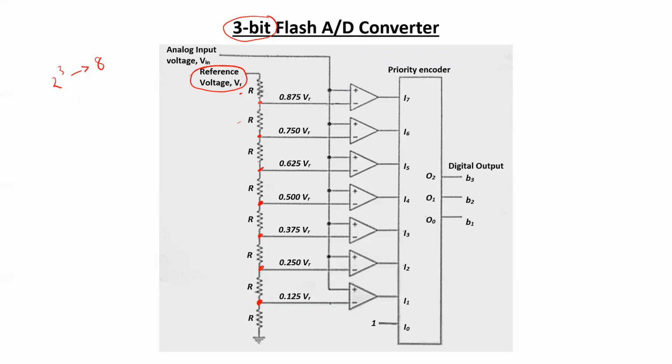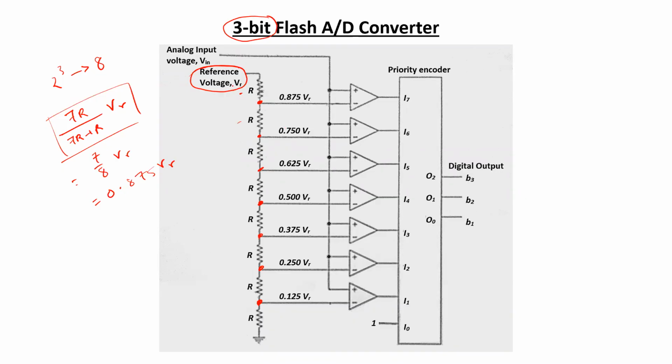For the first node, if you consider the voltage divider, this would be your voltage at this node. Here you can easily cancel the R's. You get 7 by 8 VR, which equals 0.875 VR.